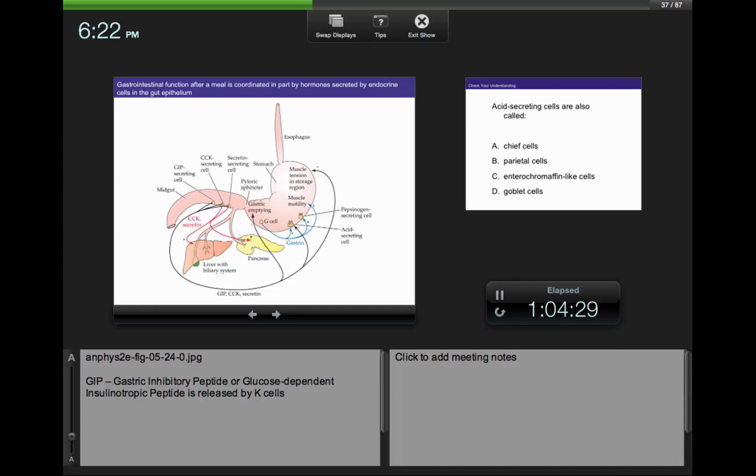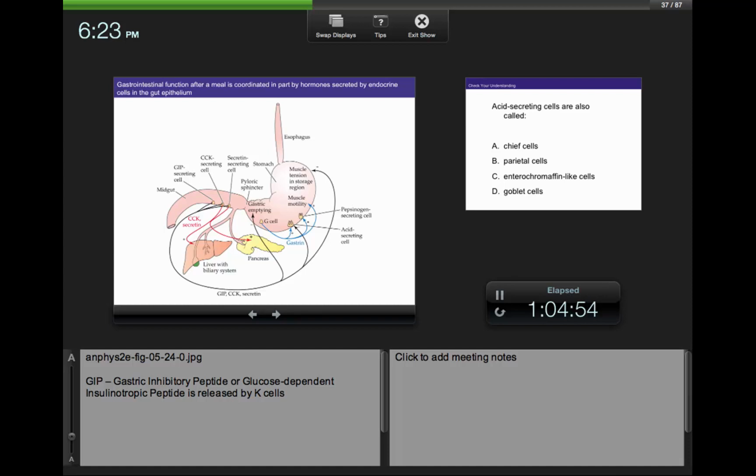I think this is hilarious, because when I was going through graduate school, that was called gastric inhibitory peptide. Gastric inhibitory, so they knew that it inhibited gastric emptying. Now it's called glucose-dependent insulinotropic peptide. They expanded the name but kept the acronym the same.